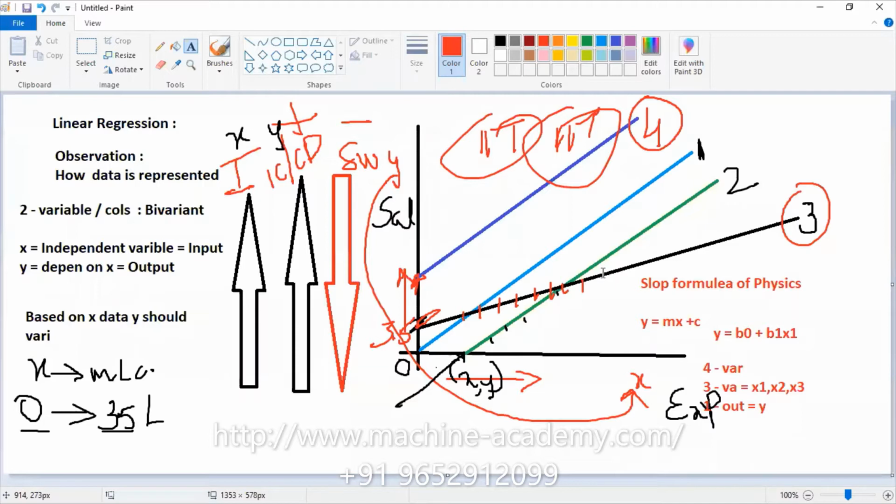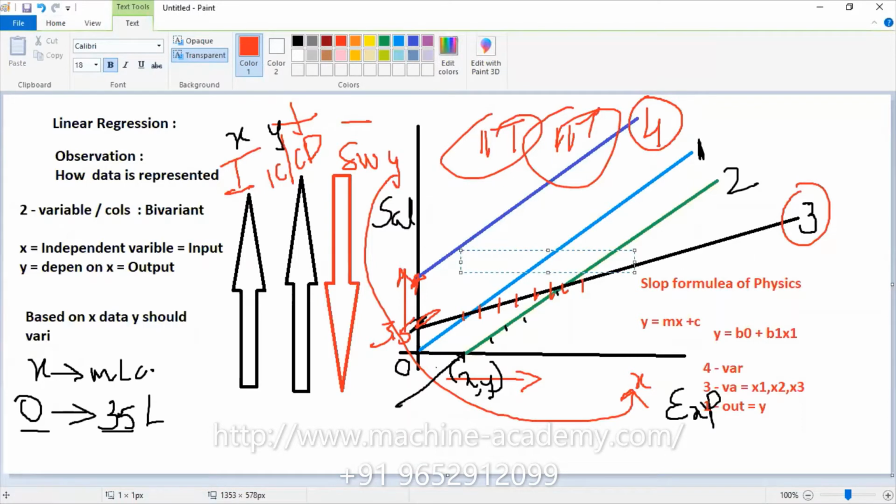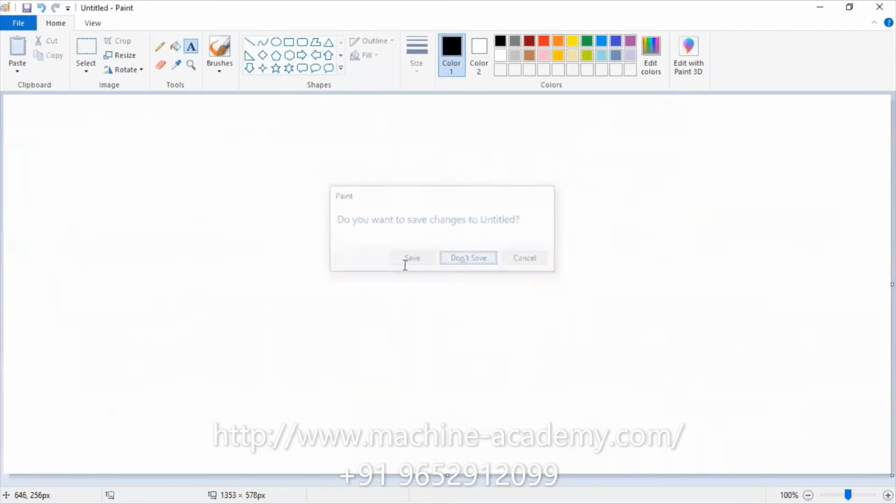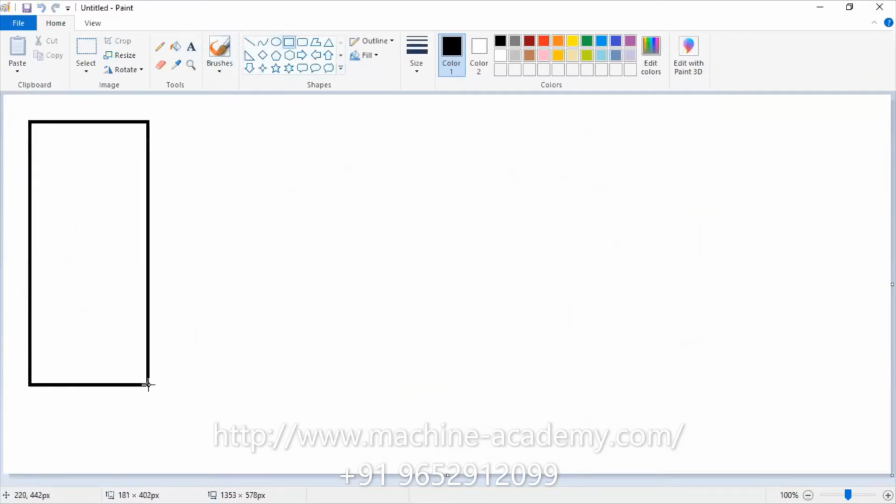Now let us see where we are going to utilize this linear regression formula. Let us take into consideration employee salaries.